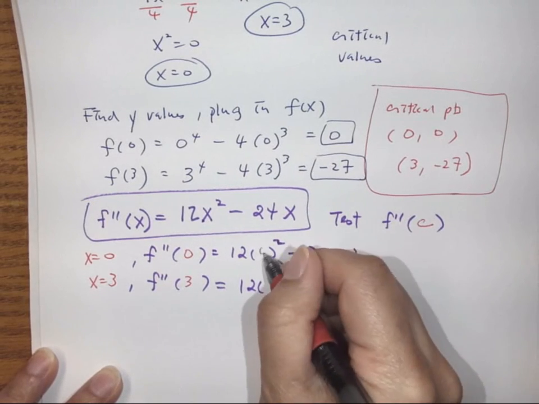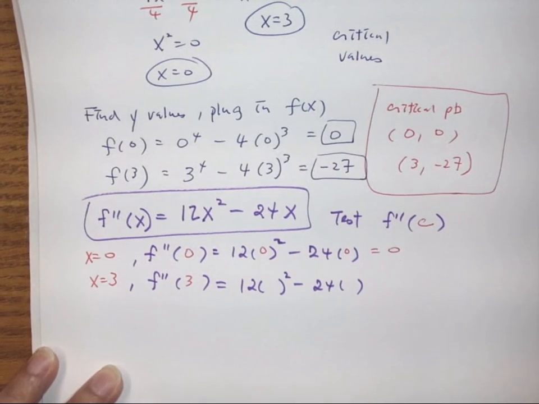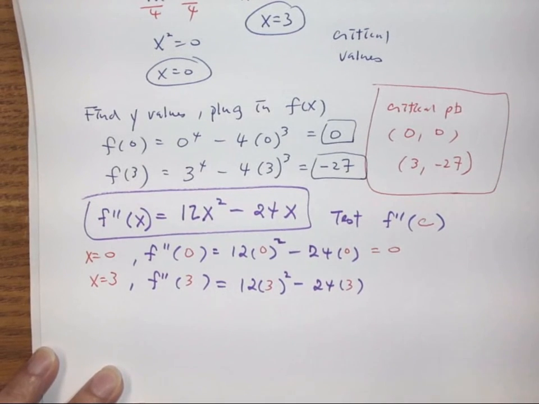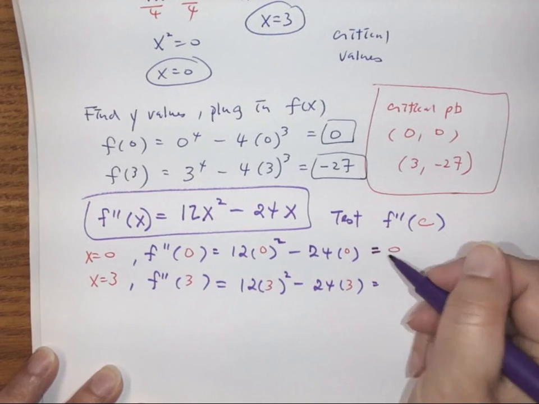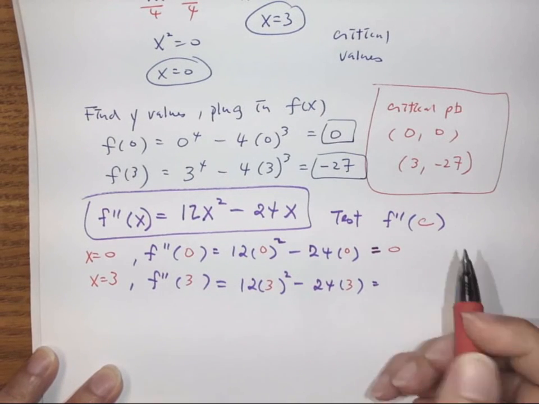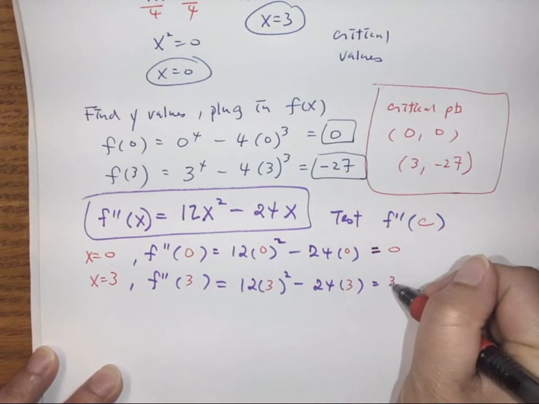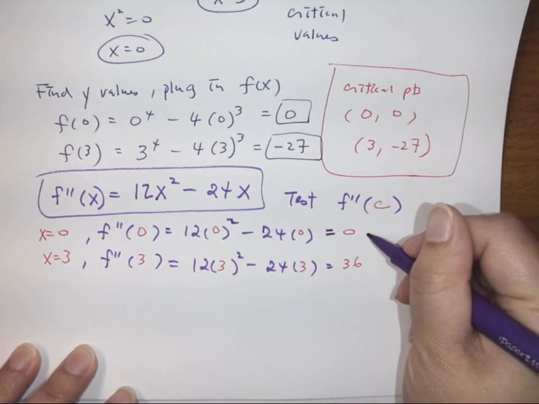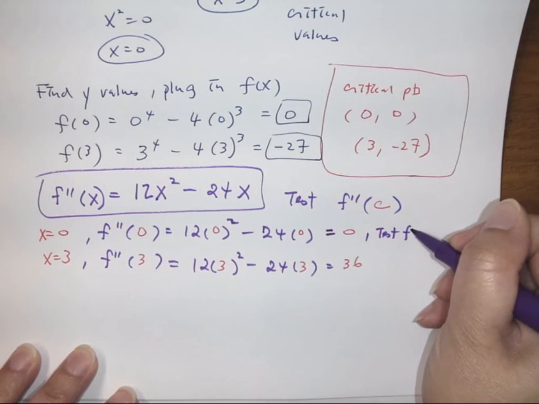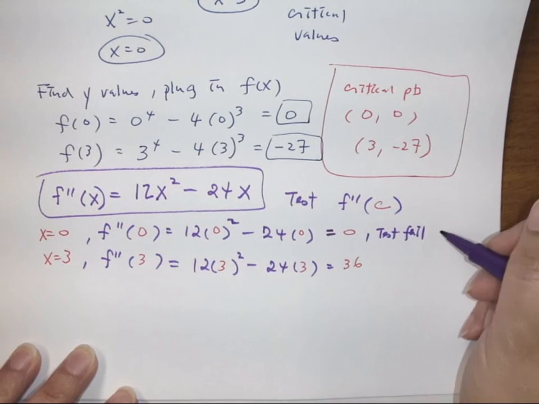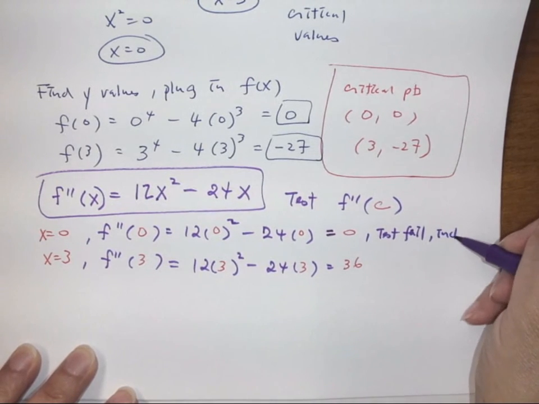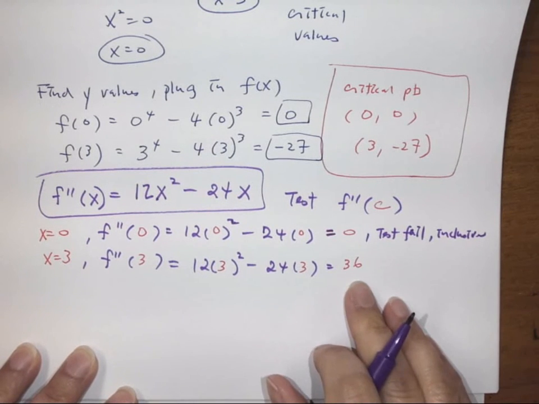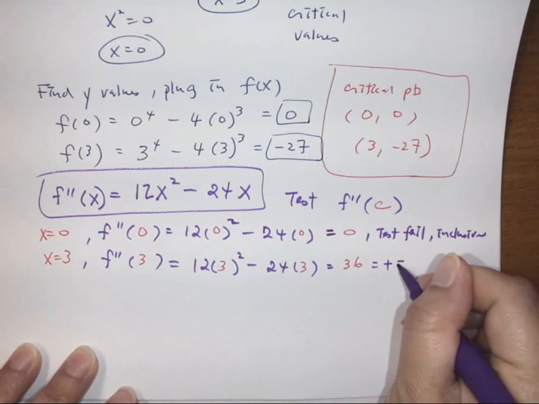We plug in 0 here, which is just 0. We plug in 3 here. Take a minute and see if you can find that number. Hopefully you get 36. All right, so the top one is 0, meaning the test failed. So inconclusive, right? And then the second one, we have 36, which is a positive number.